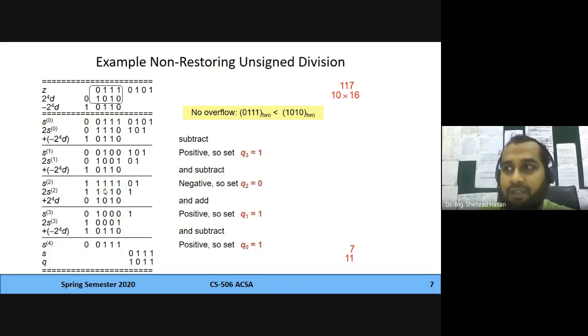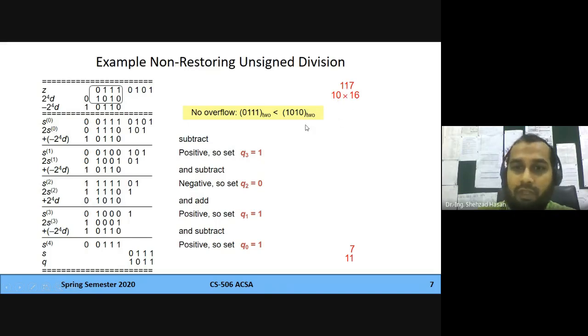In a restoring division algorithm, we restore that negative result back to its original value, and then continue, setting the quotient bit as 0. But in a non-restoring division algorithm, we just set the quotient bit as 0 and change the operation from subtraction to addition in the next step. And this ensures that our result is going to be correct.